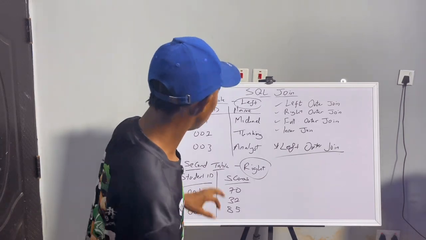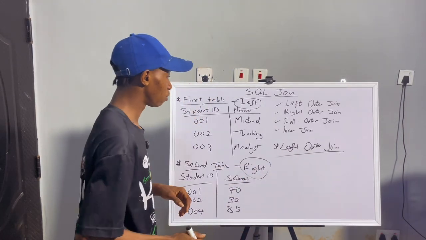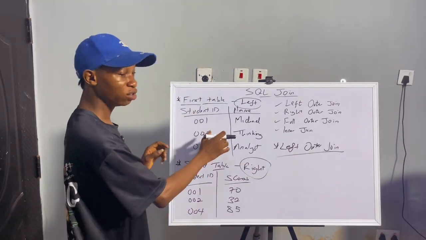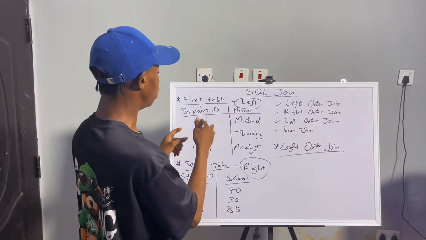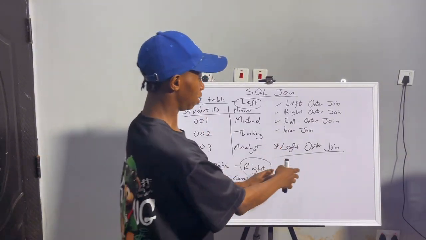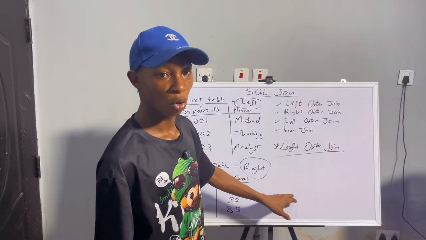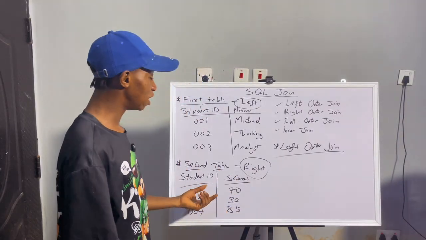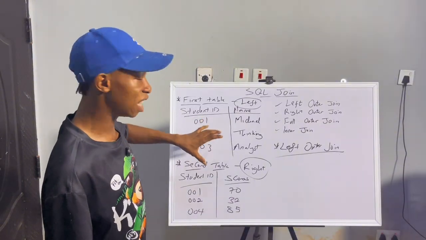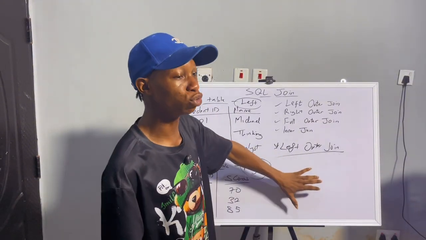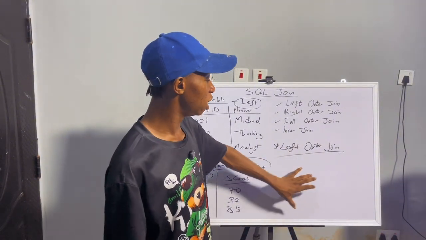What I mean by that is that if you are joining on left outer join, you are meant to keep all the results from the left table. Every data that you have in your left table is going to appear in your result table. But what is going to appear from your right table is only the data that matches the data from the left table. That's why I said the left table is going to be the one that determines what is going to be in your result table.